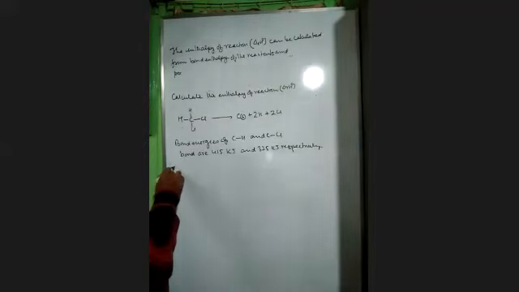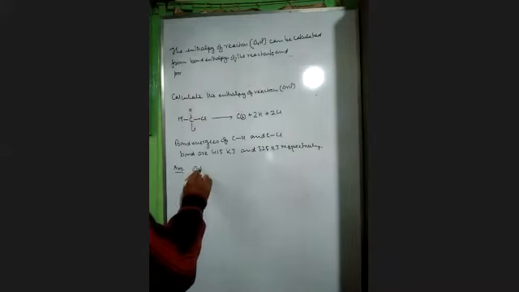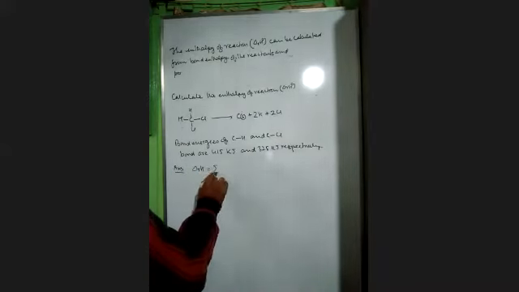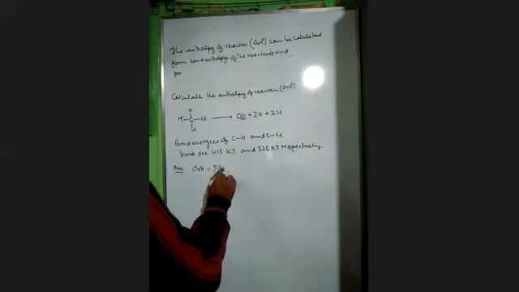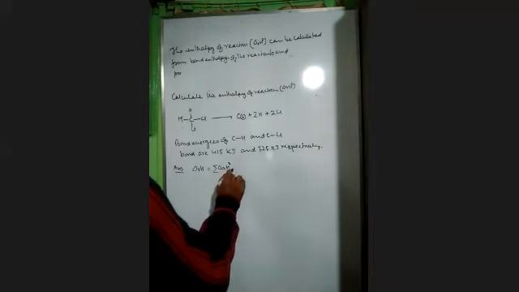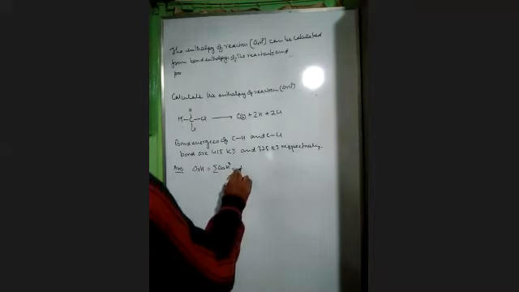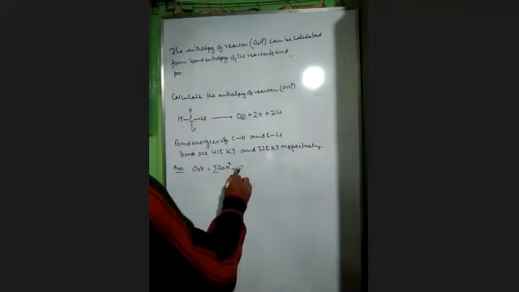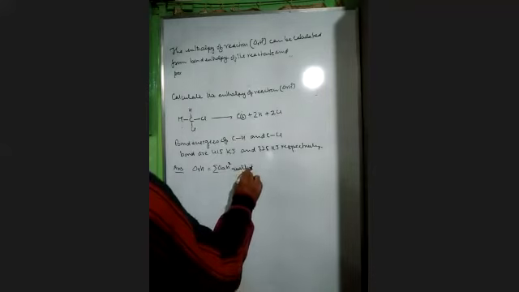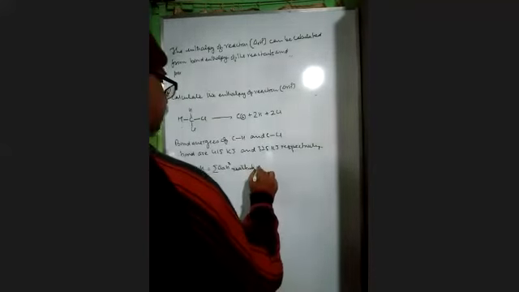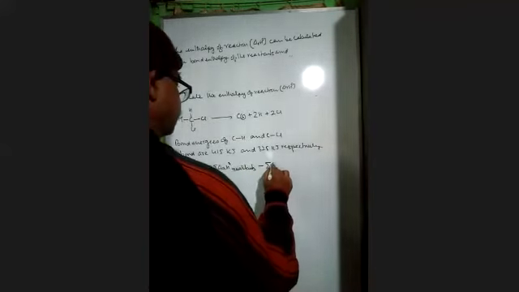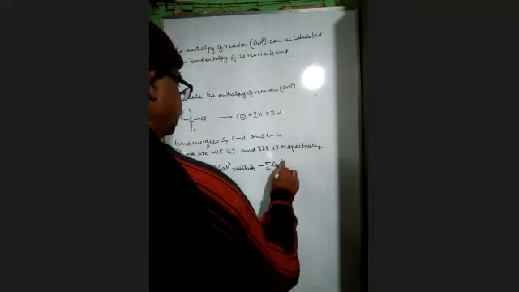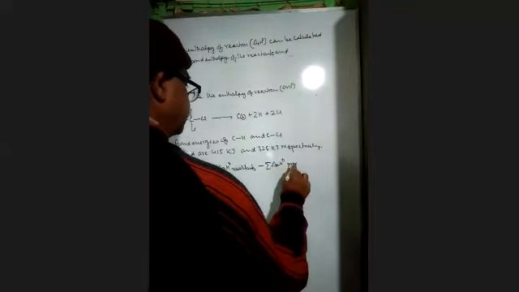So now, what is the answer now? You know it. Answer is what? Delta R H is equal to delta A H0 reactants, sorry, no, minus delta A H0 products.